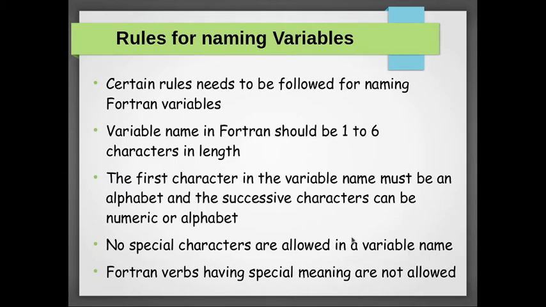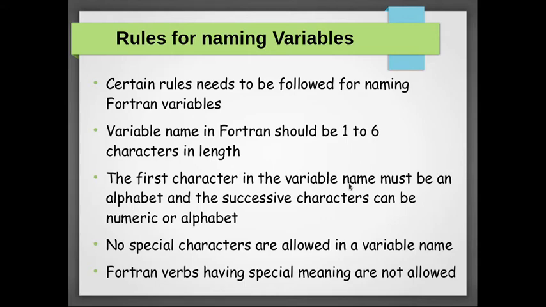We discussed Fortran characters, if you remember, the list of characters in Fortran. So those special characters are not allowed in naming a variable name. Fortran verbs having special meaning are not allowed. For example, later we'll talk about it, library functions.